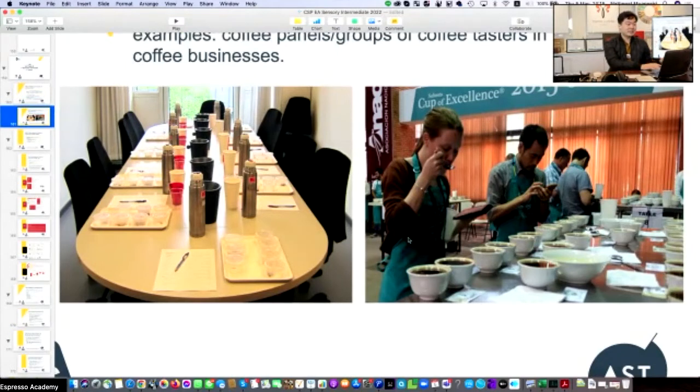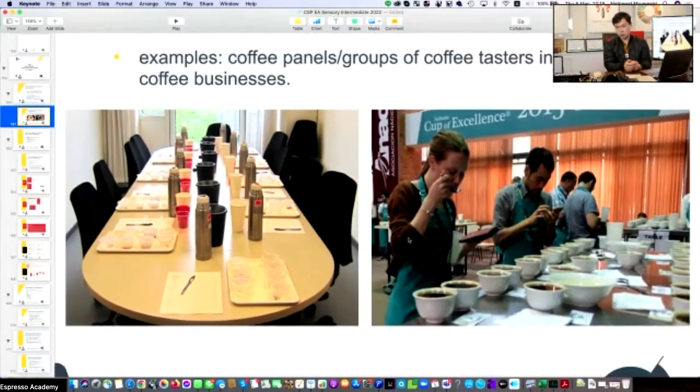On the left is a very small group, very specific to sensory professionals. Not like an SCA professional, but like a sensory professional in food science. They use a small room like that. On the right, you will see a COE cupping back in 2003, 2004, in Guatemala, El Salvador, somewhere.